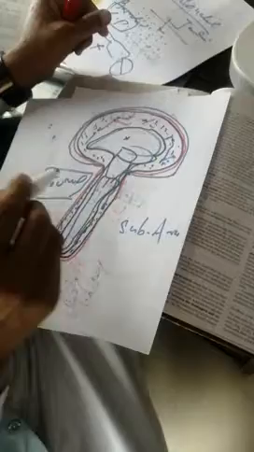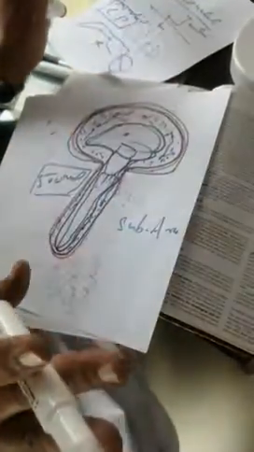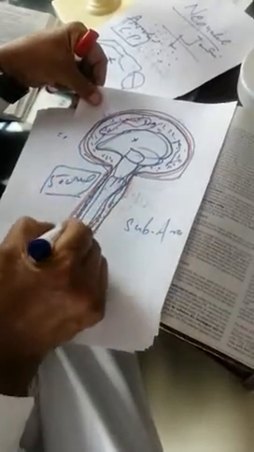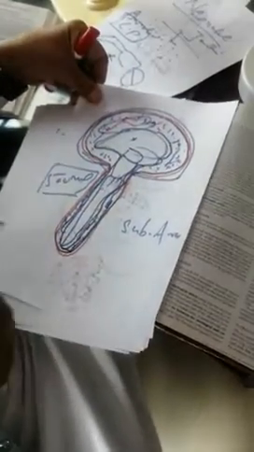Now this CSF function I told you in two ways, and out of this CSF somewhat 30 ml remains over here, the rest remains in this spinal cord area. Our total production per day is 500 ml. Now, what is this circulation?